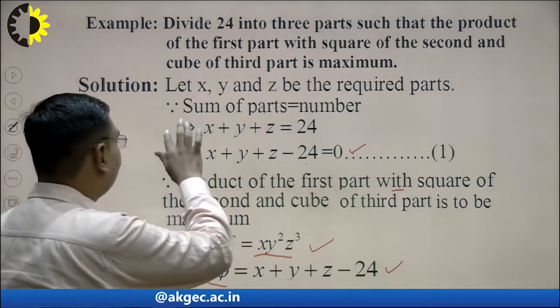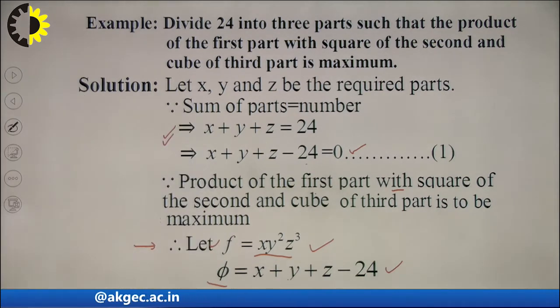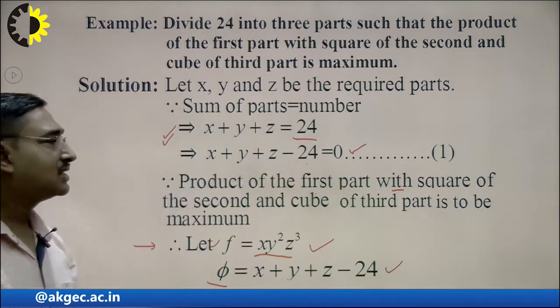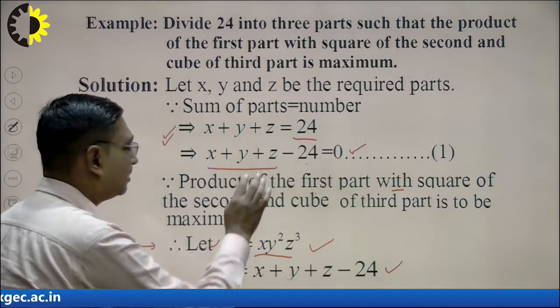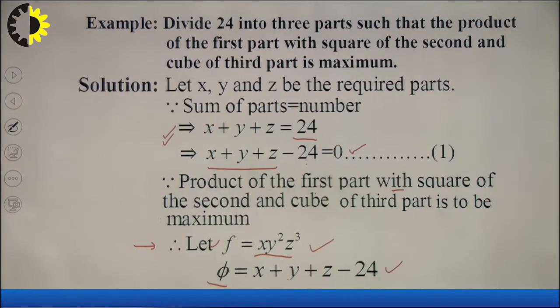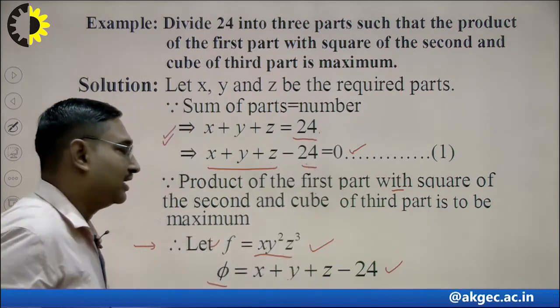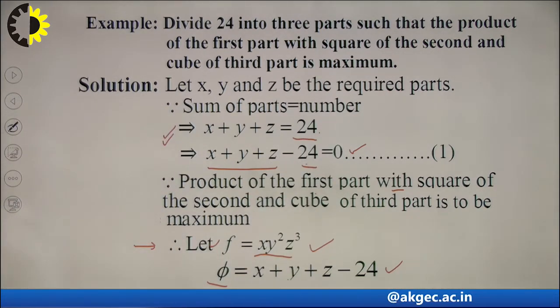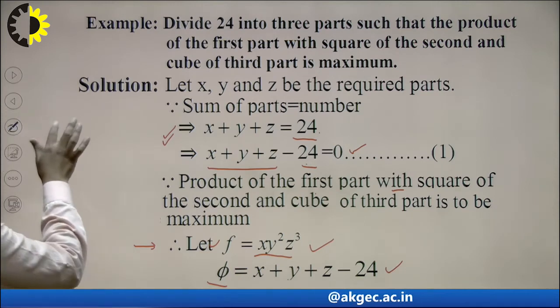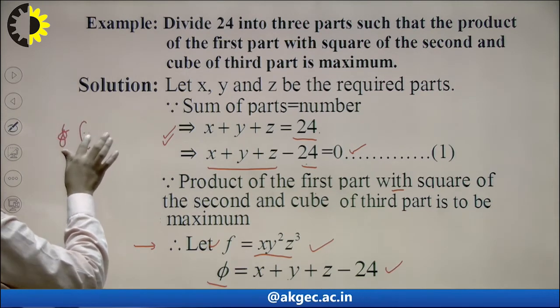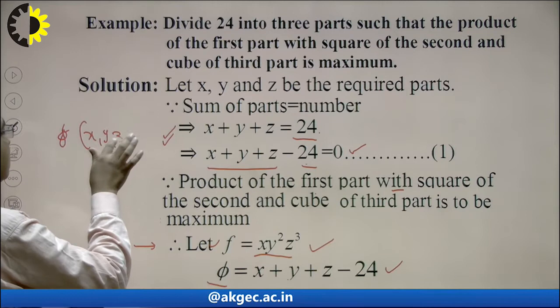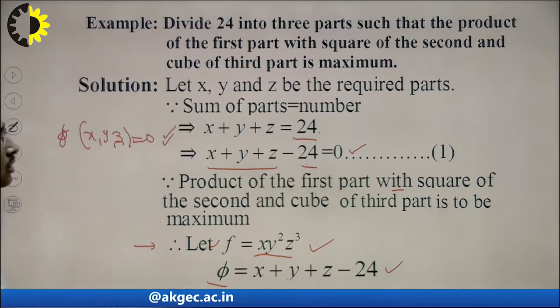Because the sum of the numbers was 24, this quantity x plus y plus z is fixed, so it is taken to construct phi. I have transferred this 24 to the left hand side to ensure phi x y z equal to 0, this form.